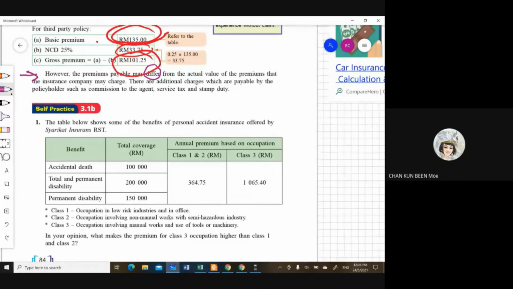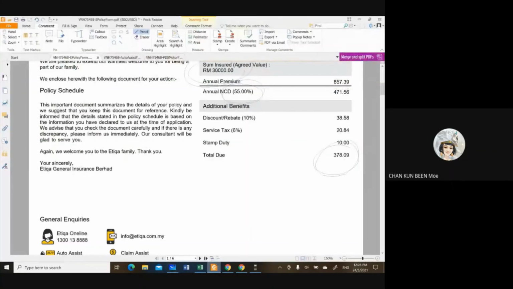There are additional charges like commission to the agent, service tax, and stamp duty. So although I have a discount, the price is still different because they have service tax, stamp duty, and commission for the agent.